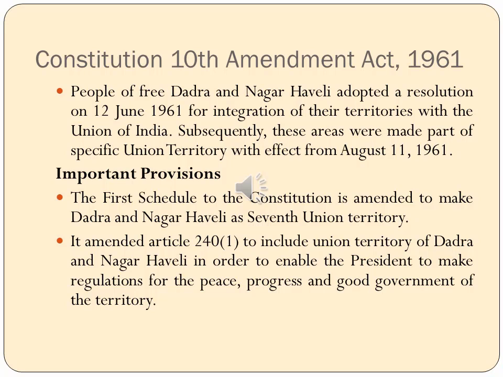The major provision was that the first schedule of the Indian Constitution was amended to make Dadra and Nagar Haveli a part of India, and they were included as the 7th Union Territory.